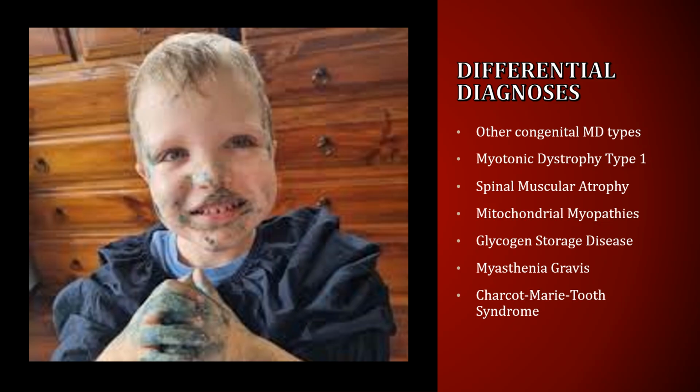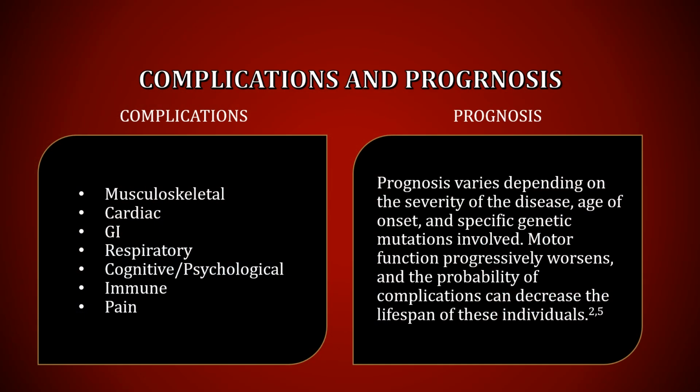Complications and prognosis: when it comes to anything revolving around the muscles, a lot of our organ systems are compromised because of the functionality of muscles. So musculoskeletal, cardiac, GI, respiratory, psychological, because this is going to play heavily on the psychological aspects of a person.